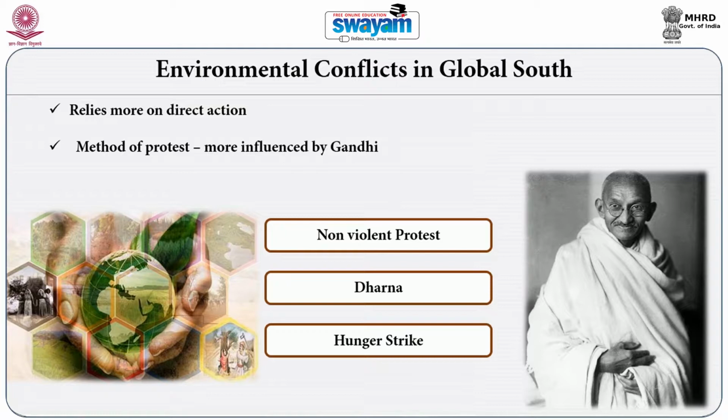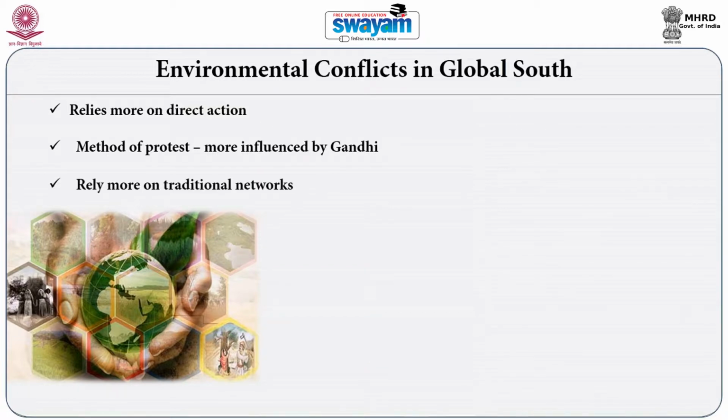They constitute the methods of protest, or the language of protest, in these developing societies. And the environmental movements in the developing societies rely more on traditional networks like caste, kinship and ethnicity. These traditional networks are geared up to form collective mobilization. So environmental movements in the global south involve more direct confrontation, where recourse to law and court may be considered a supplement to the popular protest.